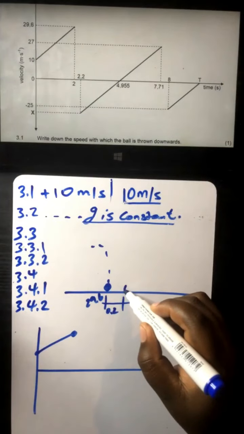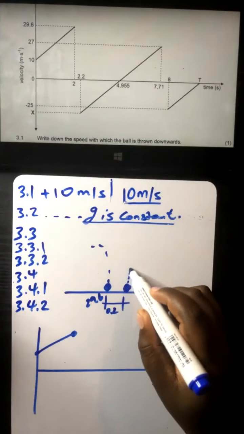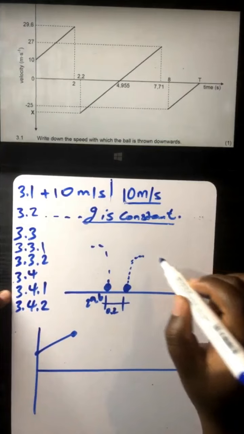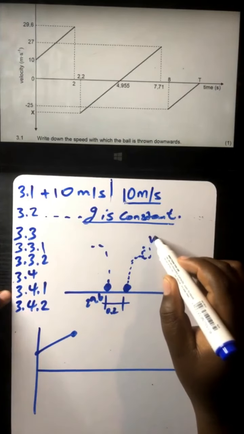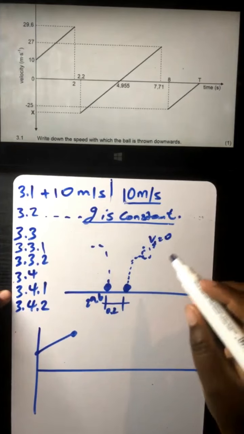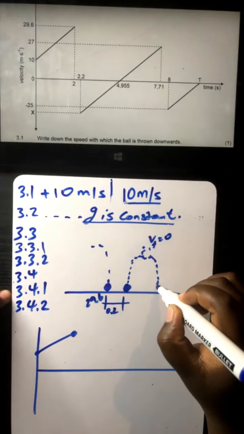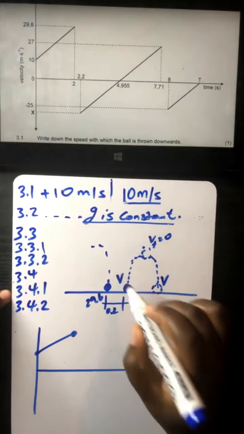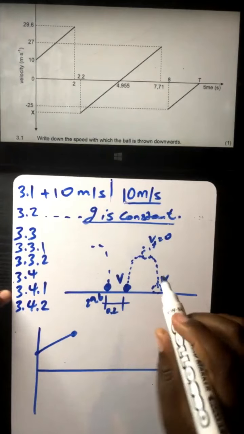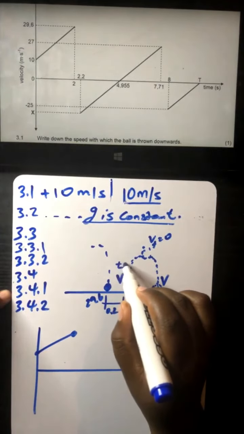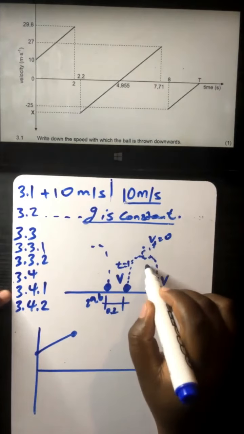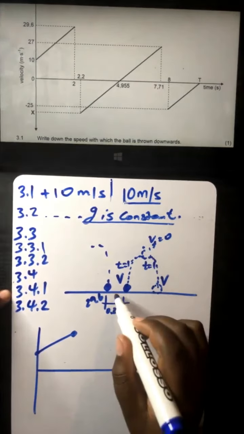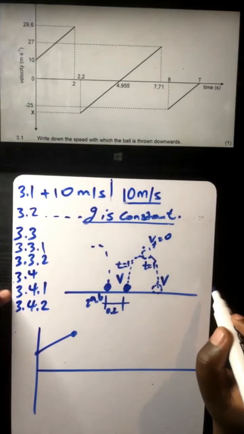Then it leaves the ground at a certain velocity and reaches a maximum height where its final velocity is equal to 0. Then as it strikes the ground, this velocity should be the same as that velocity as it left the ground. The same explanation as I said: if it takes 1 second to reach its maximum height, it still has to take 1 second to reach the ground, or the same level from which it was leaving the ground.